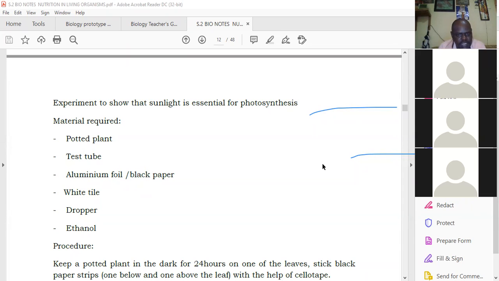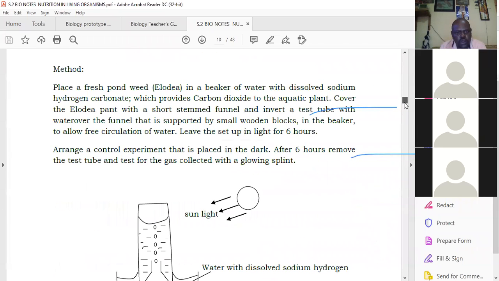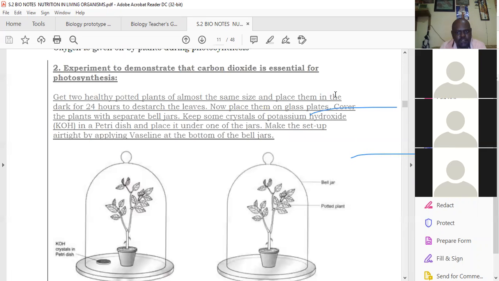Hannah Peace, you have just joined. Before you joined, we were looking at an experiment to demonstrate that carbon dioxide is essential for photosynthesis. And before you joined, you had read through this script as shared on your screen there.